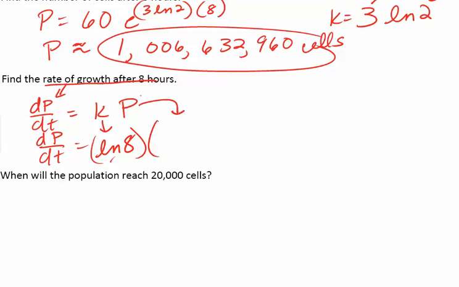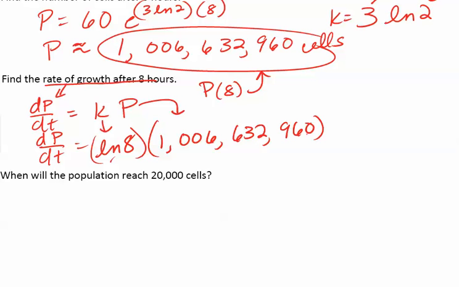And our population at time t, our population at 8 hours, we had just done up above. So take your previous answer in your calculator and multiply it by the natural log of 8. And we have to make sure we label our answer correctly here.